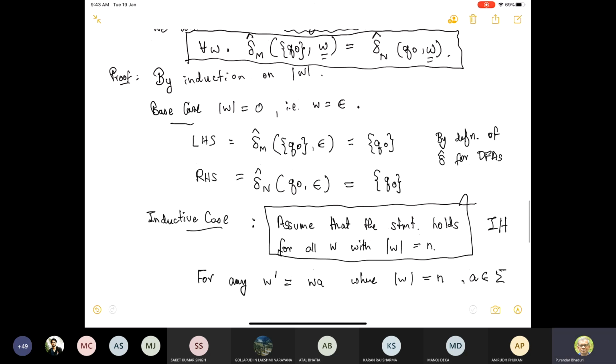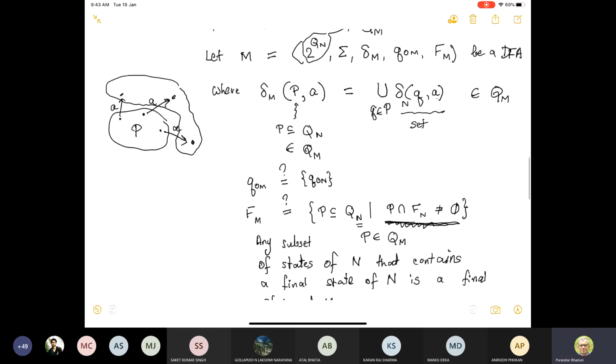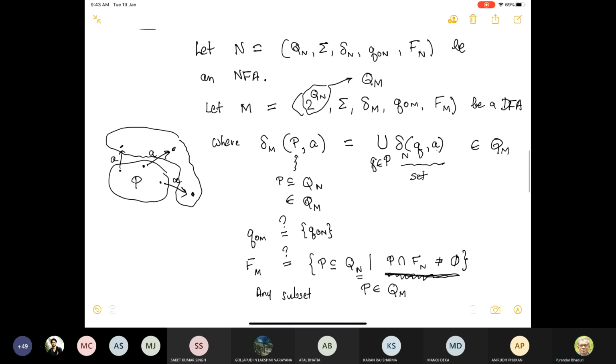And then I just apply the definition of delta M itself. This is by definition. This is the construction. This is how I define M. So delta M of P A is the union of all those, right?